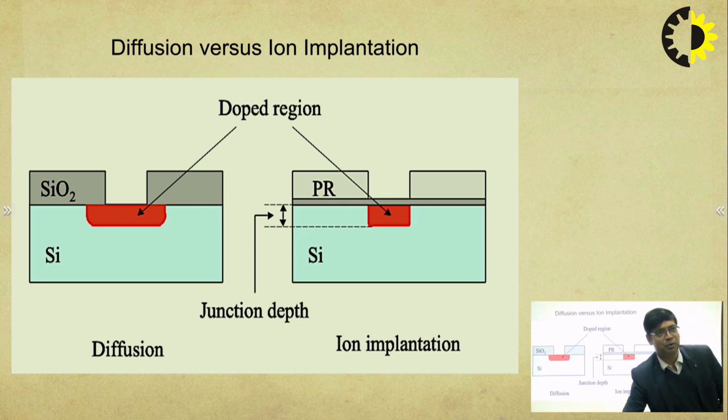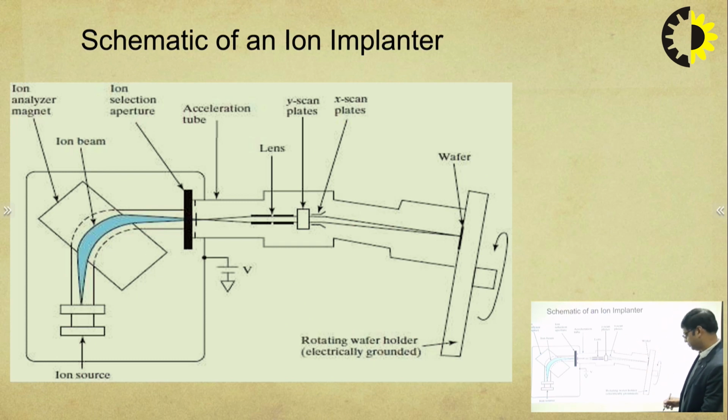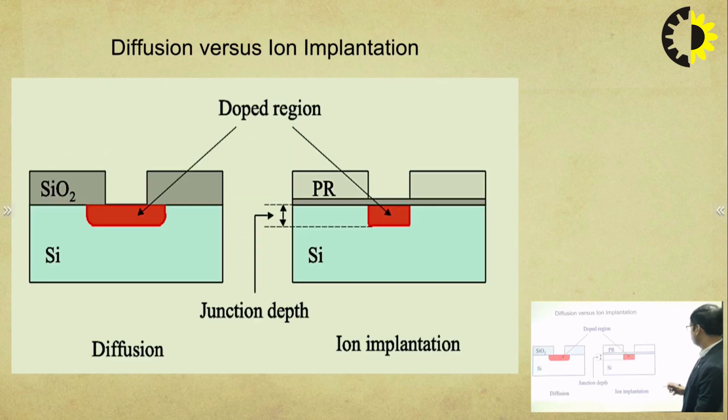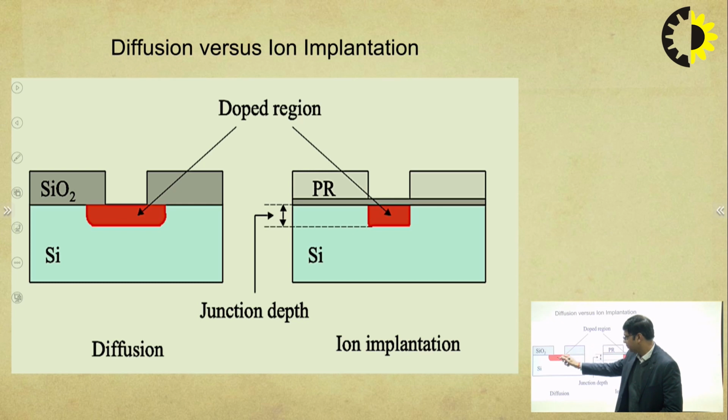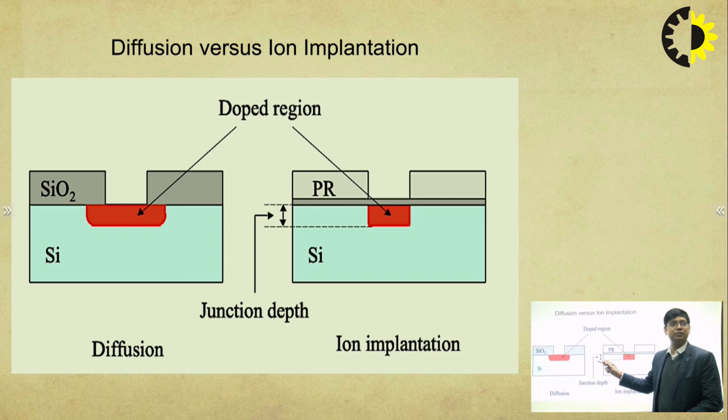Dopants are introduced vertically. Whereas in diffusion, when we introduce the dopants through this opening, in addition to diffusing vertically, the dopants also diffuse laterally. So lateral diffusion is also happening. So ion implantation is a more controlled doping process.